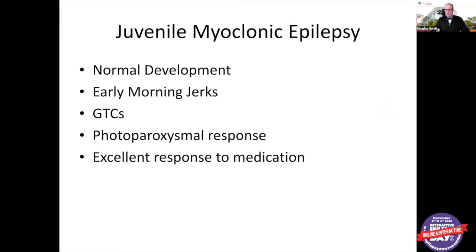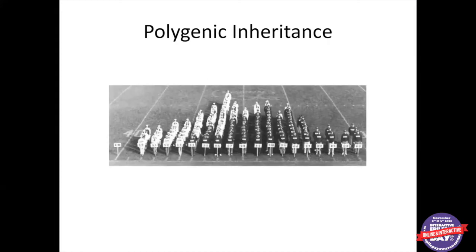A good example of this would be juvenile myoclonic epilepsy, where you have normal development, then early morning jerks and convulsions, and a photoparoxysmal response, where you get an abnormal response with flashing lights. The importance is that you can get an excellent response to medication, even if you may have to take it for a prolonged period. This is an example of so-called polygenic inheritance.